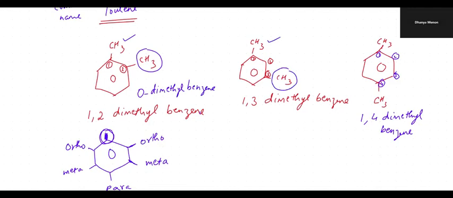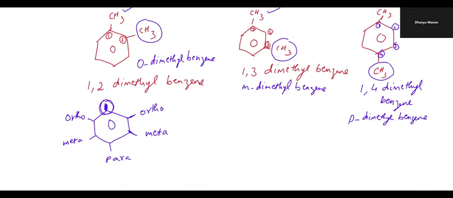So meta dimethyl benzene. And this methyl with respect to this methyl is in para position. So para dimethyl benzene. So this also you would come across in the textbook. So it is important for you to know this. So ortho, meta, and para. Okay, I hope I'm clear here.